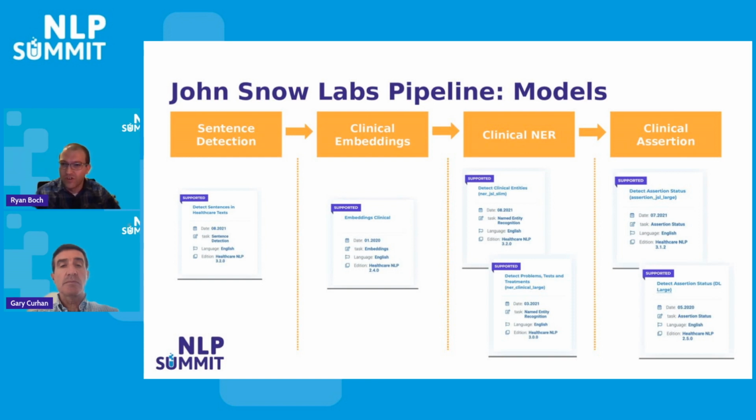And as far as assertion goes, we paired the JSL model with a JSL assertion model, and we paired the clinical model with the detect assertion status model. It's a little challenging to determine which assertion model should go with which NER model, so I'll talk a little bit about that later. But these worked out pretty well for us.